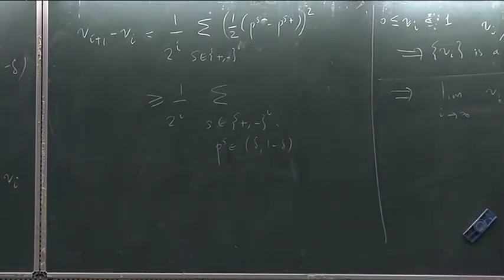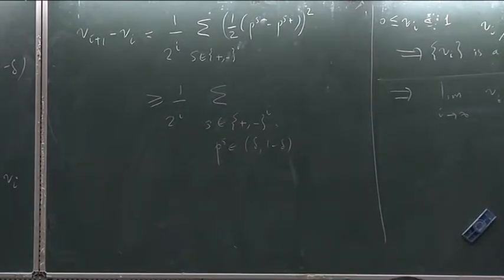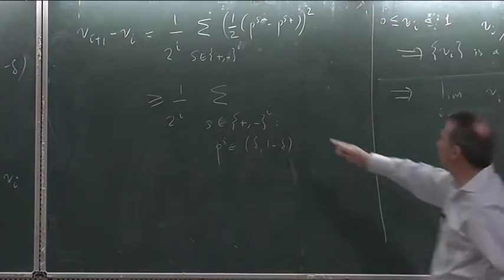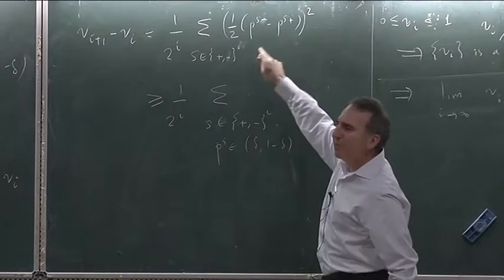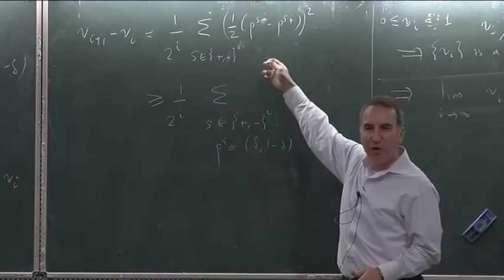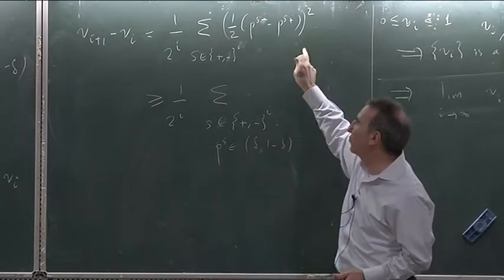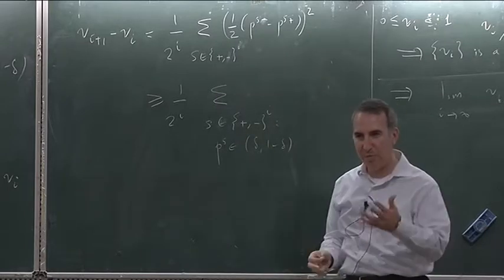I'm only going to make the summation not over all the possible s's, but only for those s's for which p_s is not close to either 0 or 1. Since I'm ignoring some positive terms going from here to here, this is a lower bound because everything in the summation is non-negative.